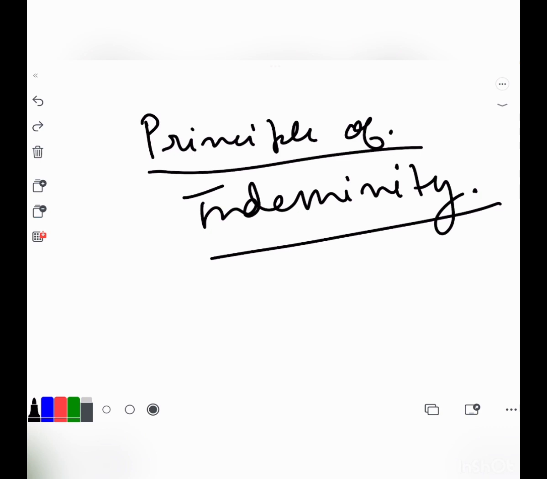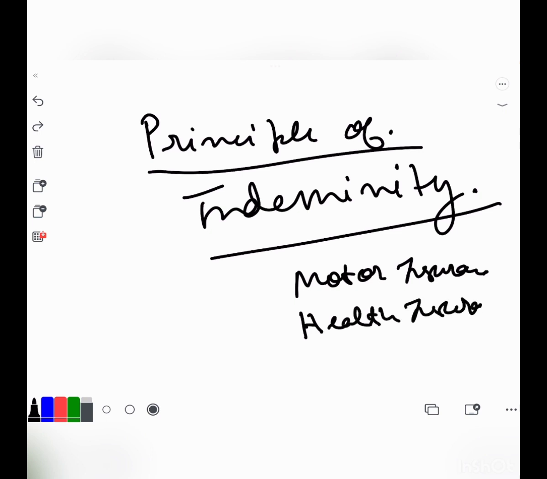For example, motor insurance is general insurance. Now health insurance again is general insurance. Why? Let us take one example.